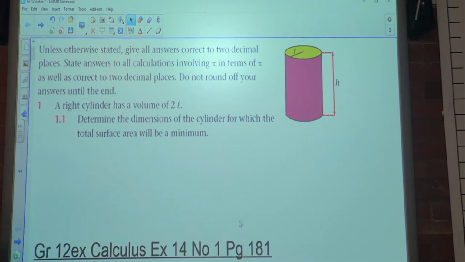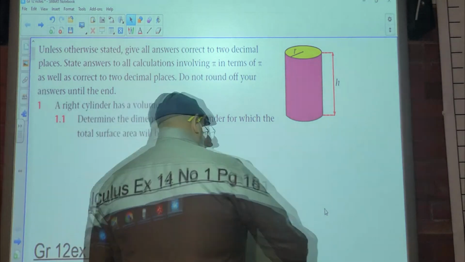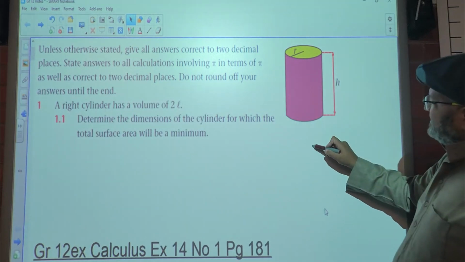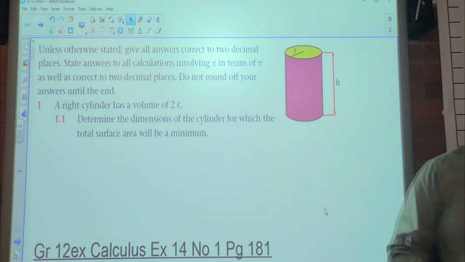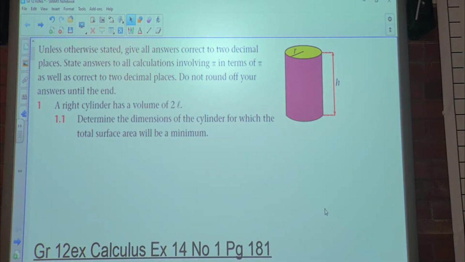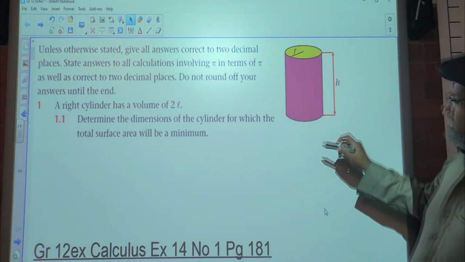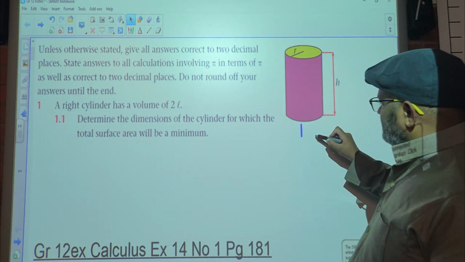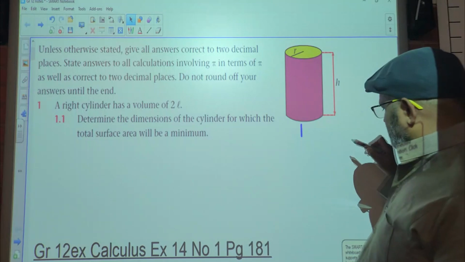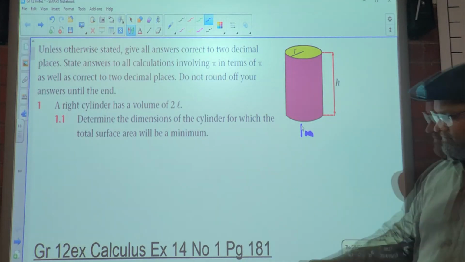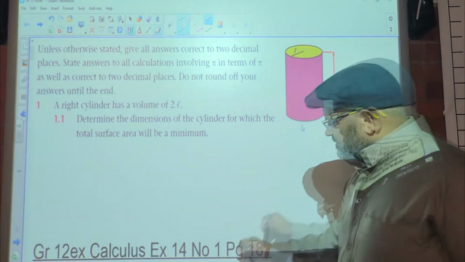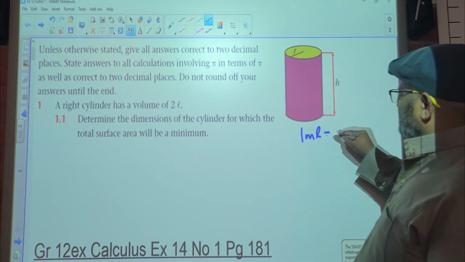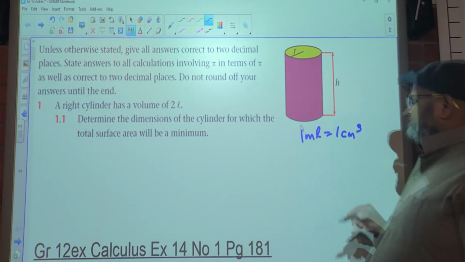So here we are told that a right cylinder has a volume of 2 liters. We know that 1 milliliter is equal to 1 centimeter cubed.